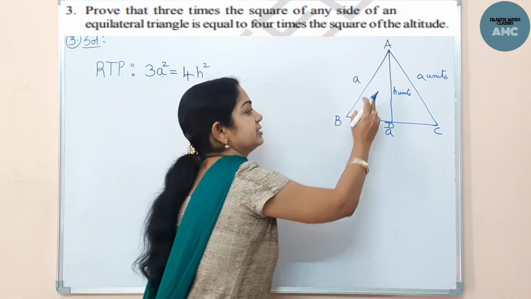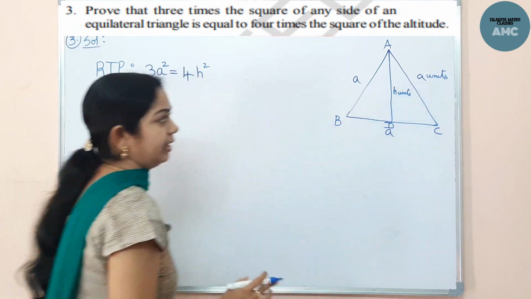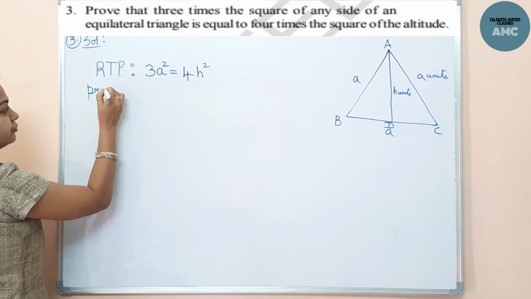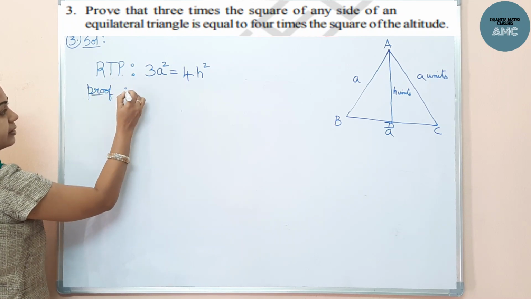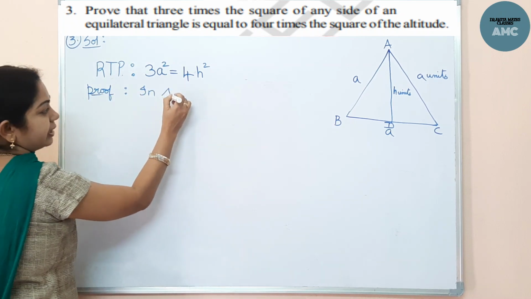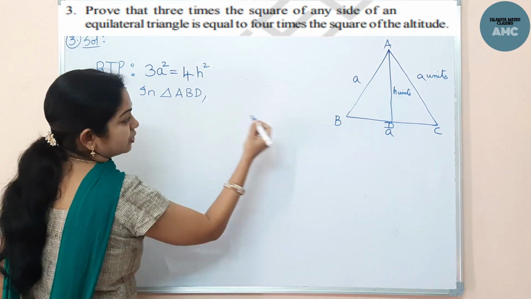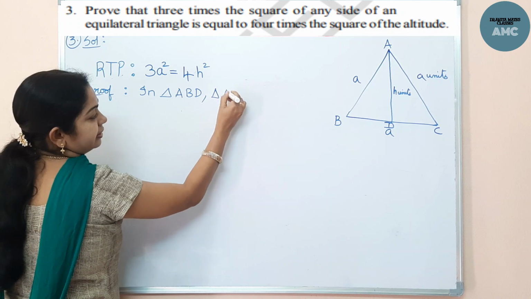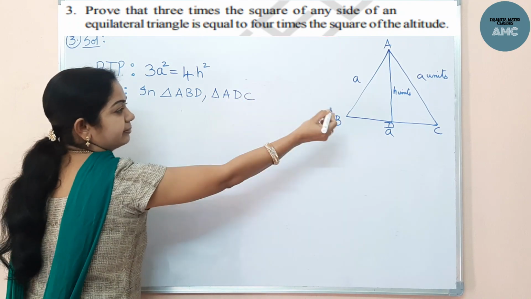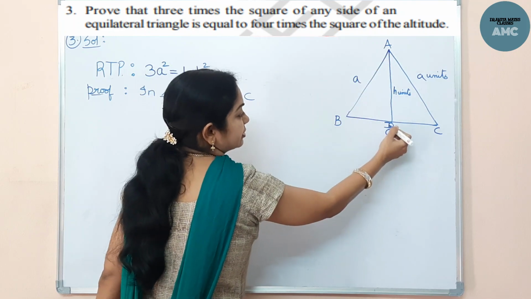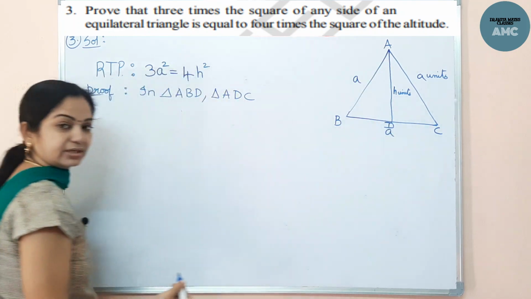Now let us consider these two triangles. Now ABD here. Let me start the proof. Considering triangle ABD and the other small triangle, that is ADC. Let me compare these two triangles. Now here an altitude is drawn, so these two small triangles are formed.